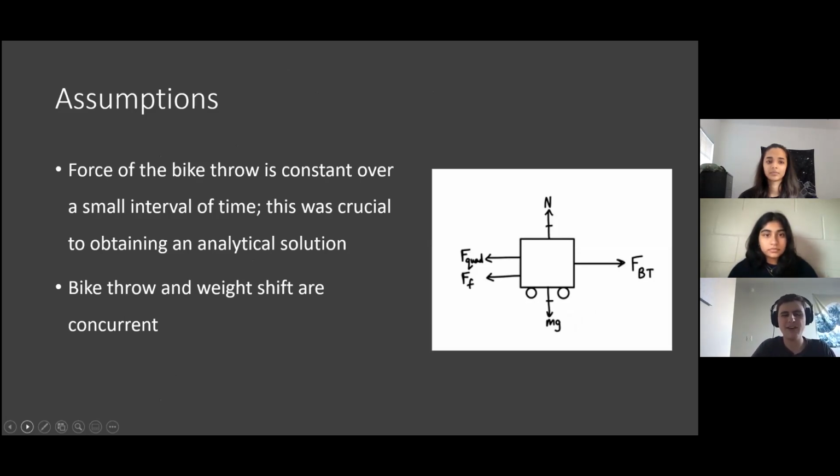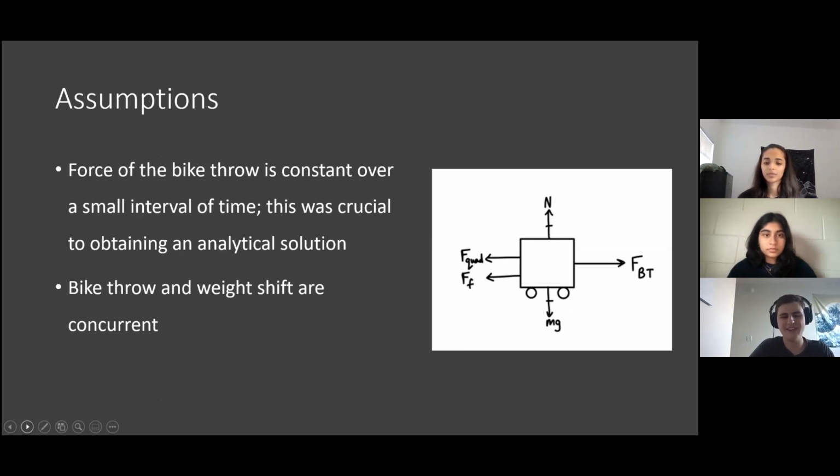For our actual model, we made several assumptions once we were able to understand the situation better with the preliminary model. One of the biggest assumptions that we made was making the force constant instead of implementing a form of time dependence. Since we're looking at such a small interval of time, this is a pretty valid assumption. And the reason we did this is because time varying forces are much harder to solve analytically with differential equations.